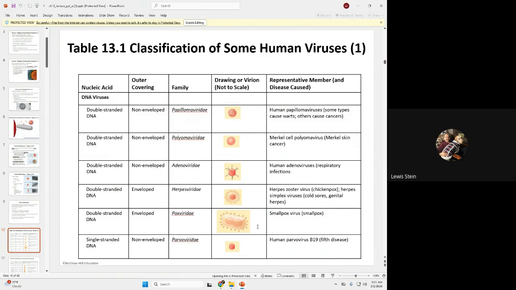This is herpes simplex 2. This one is VZV. We'll spend some time with this over the weeks. Varicella zoster virus.